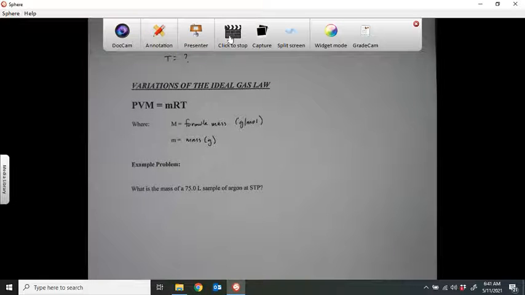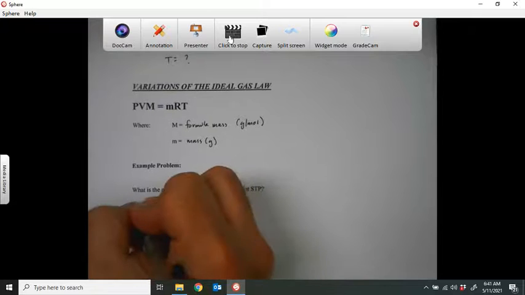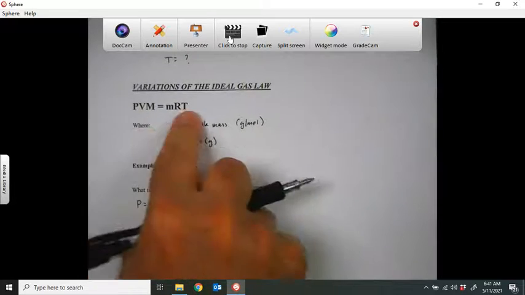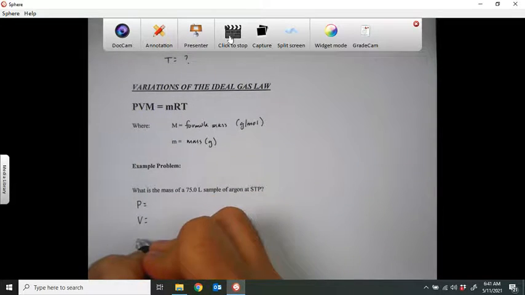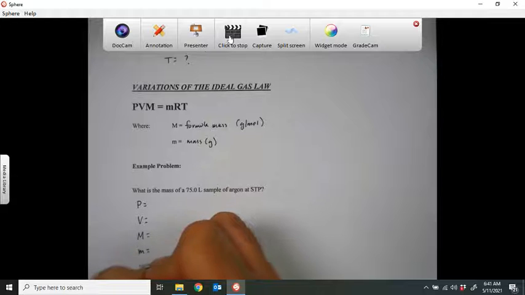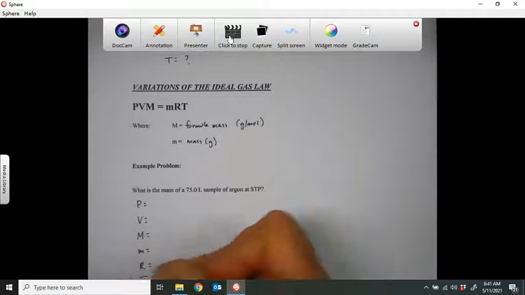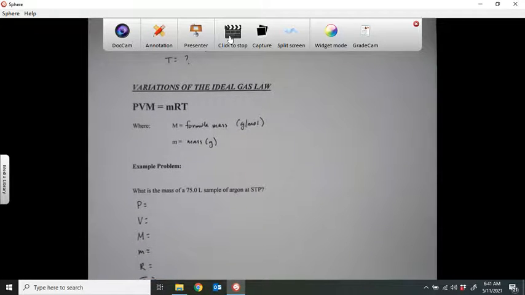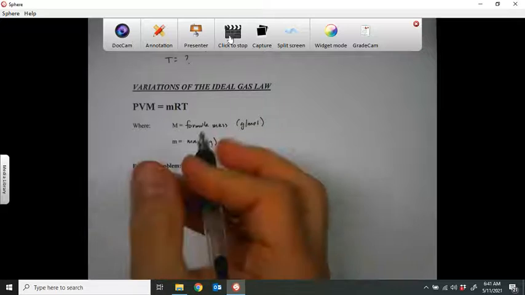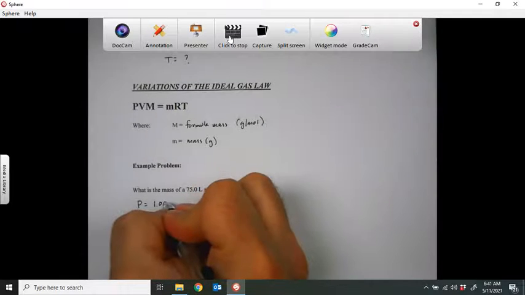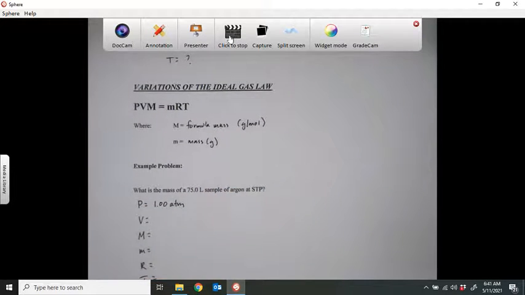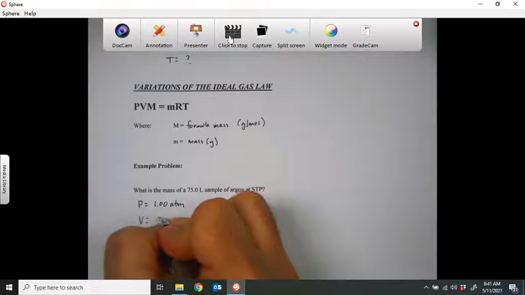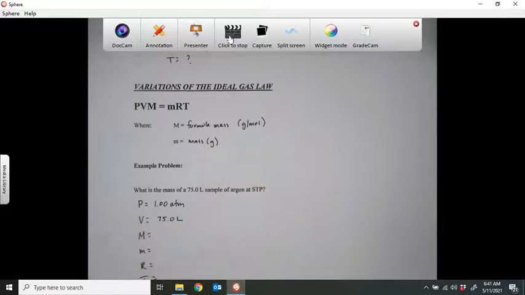Our example problem says, what is the mass of a 75.0 liter sample of argon at STP? There's our STP again. So we're going to write down all of our variables. In this case, we have 6 of them. STP, standard temperature and pressure, means that the pressure is 1.00 atmospheres. We're given a volume of 75.0 liters.